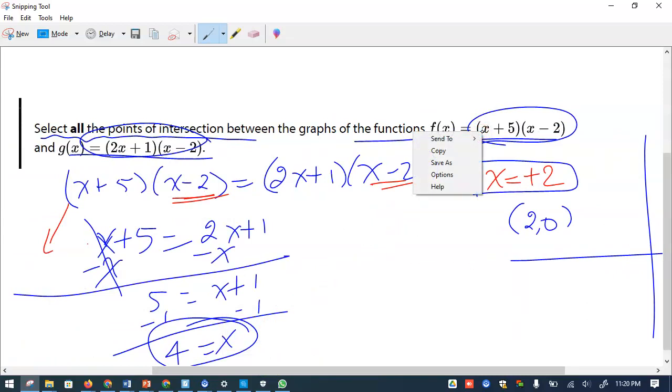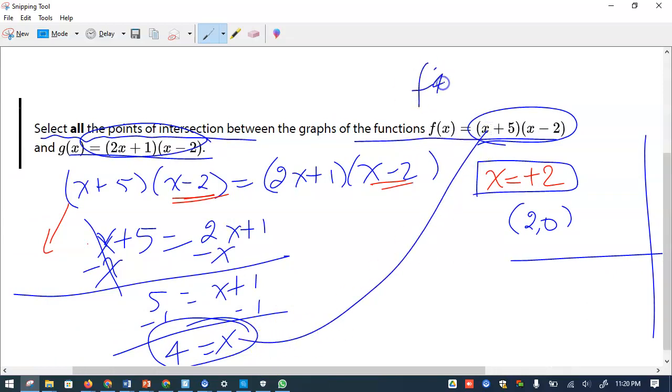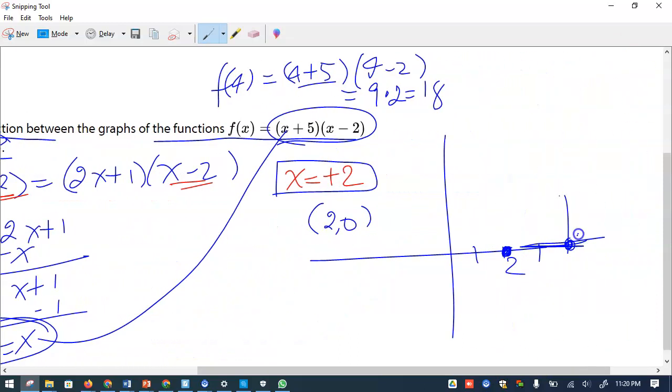So when I plug this x equals 4 here, f of 4 becomes 4 plus 5, 4 minus 2, that is 9 and 2, 18. At this point, maybe up here, 2, 4 is 18.